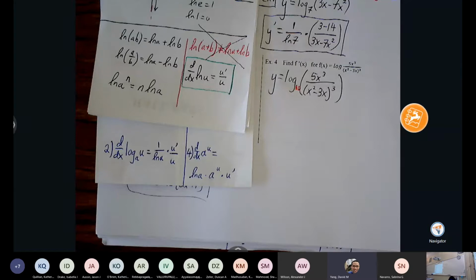Basically it's this thing, just replace your column with this thing. Okay, so expansion first, right?